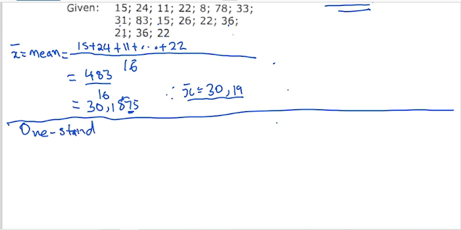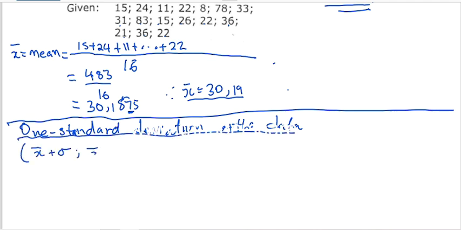One standard deviation of the data. Now I want to say one standard deviation of the data. So here's its formula, saying the mean plus the standard deviation and the mean.